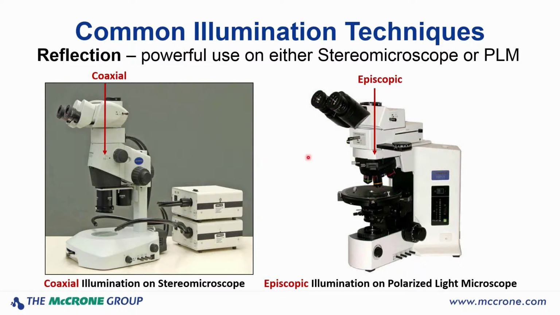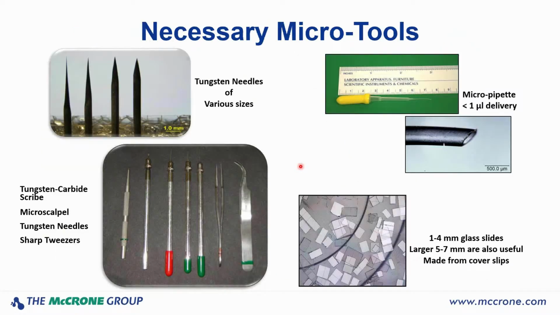There's some technical differences in how they create the effect of what you see, but they both produce exactly the same observation of materials. We're going to take a look at the critical use of that, and I will say that there virtually is never a sample that I don't use coaxial or episcopic illumination on. But we'll see some of those here in a minute in some of my samples that I'm going to show you. Let's talk about our toolbox.